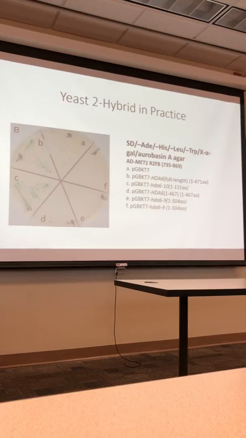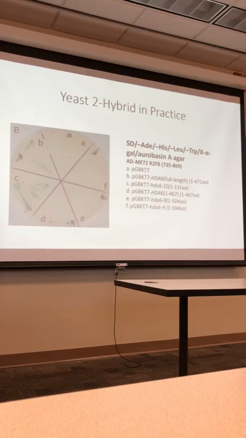So you can see the full length interacts with its bait. And then we can see even amino acids 1 through 131 interact. And then this last fragment here, 1 to 467, is probably a mutant that they made.